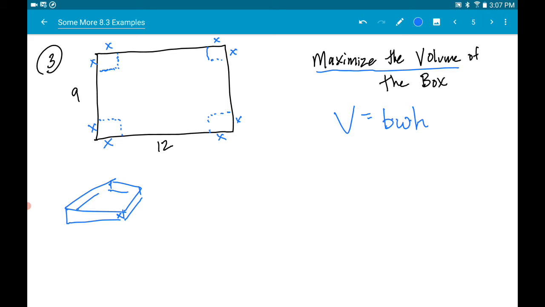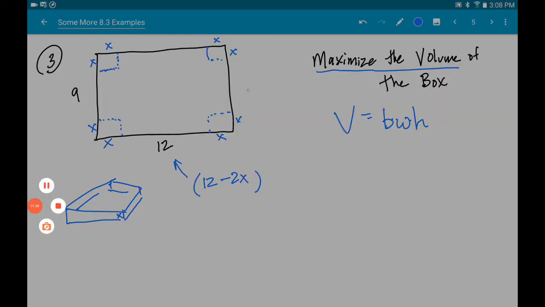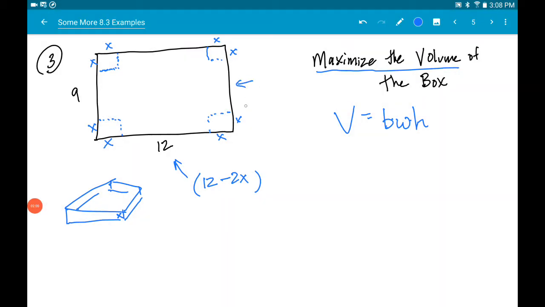But if I look at my bases here, the idea is that this length, once stuff is folded up, I believe is going to be 12 minus the 2x that I cut out. And same kind of logic over here.